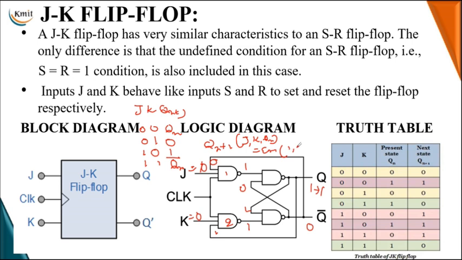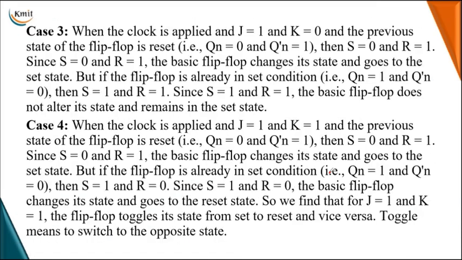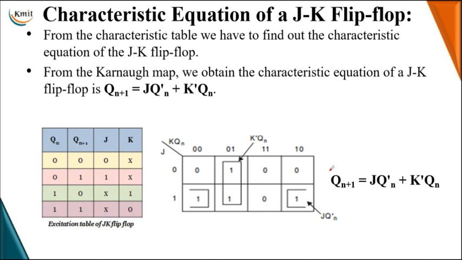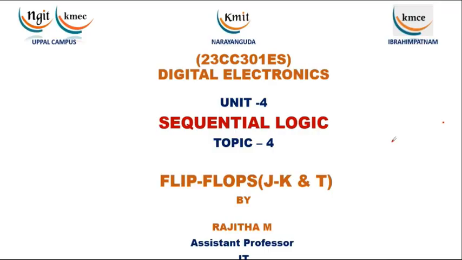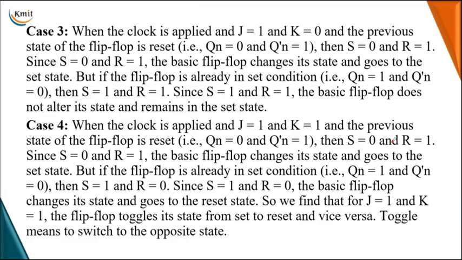So it is 1, 4, 5, 6. So 1, 4, 5, 6 are my minterms of my Qn plus 1. So now let me map that function. Qn plus 1 in terms of J, K, Qn as a function of your present inputs and present state is equal to sigma m of 1, 4, 5, 6.